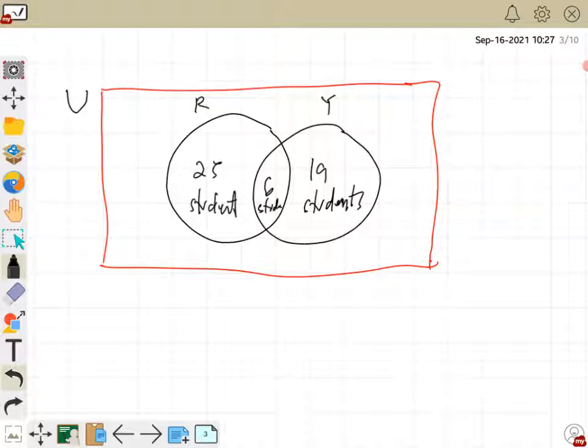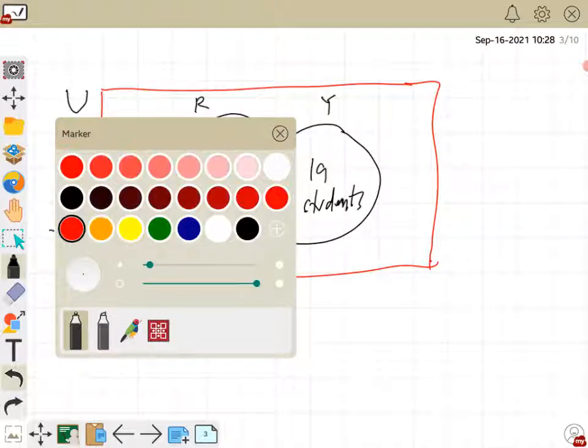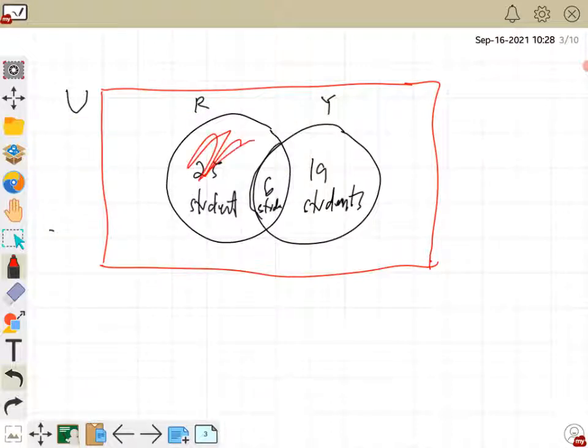As you can see here, the portion of the circle which only covers R but not Y represents the set of students who chose red shirt only.